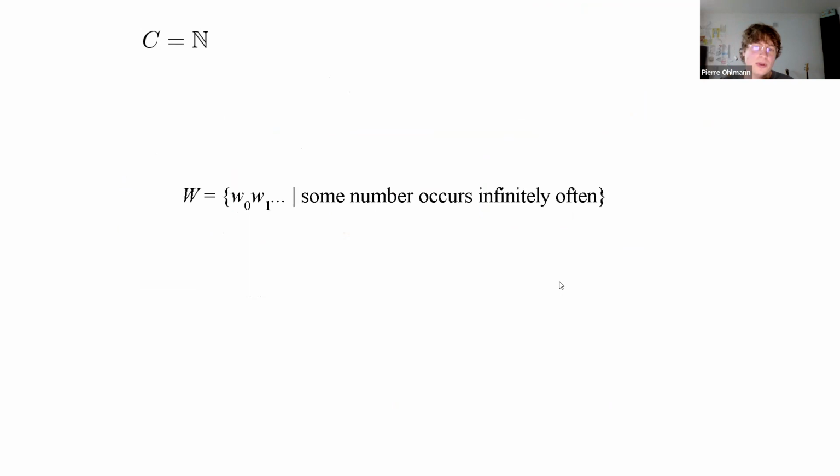Another example. Okay, so this is the objective where some number occurs infinitely often. So we have countably many colors, and we win if one of them occurs infinitely often. And let's look at this game where the opponent plays and can basically play anything.